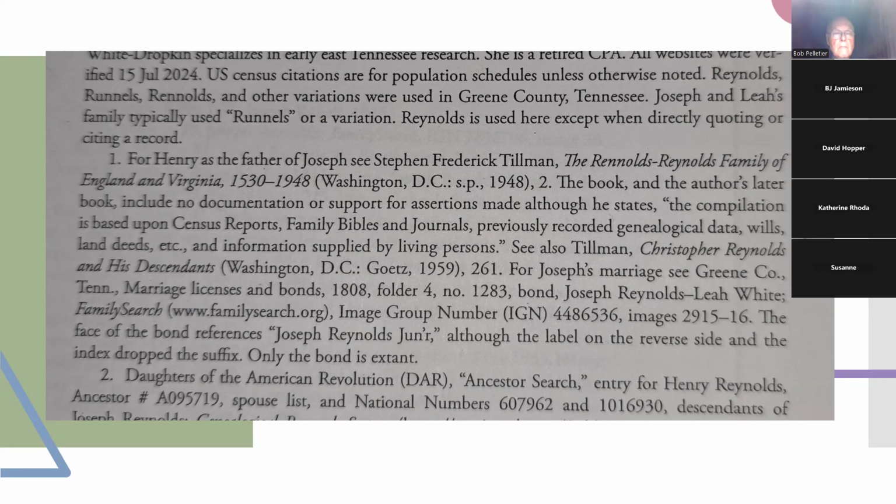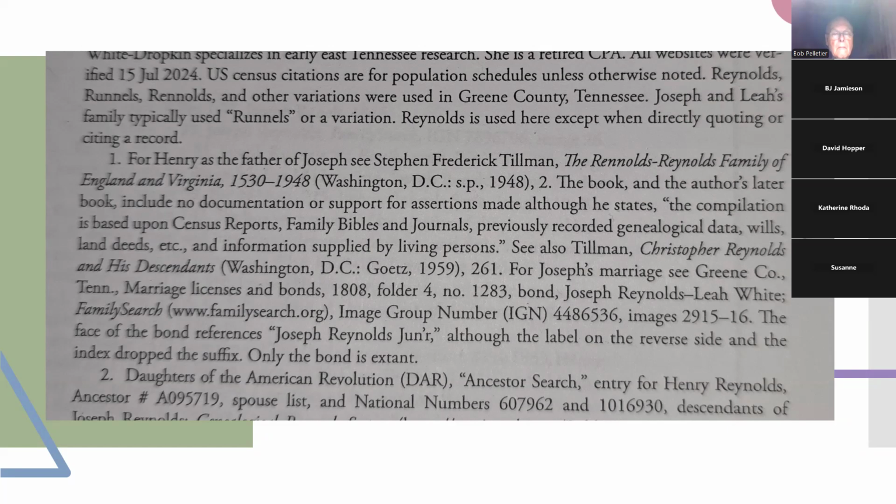It's on page 2. The book and the author's later book include no documentation or support for assertions, although he states the compilation is based upon census reports, family Bibles, and journals, previously recorded genealogical data, wills, land deeds, etc., and information supplied by living persons.